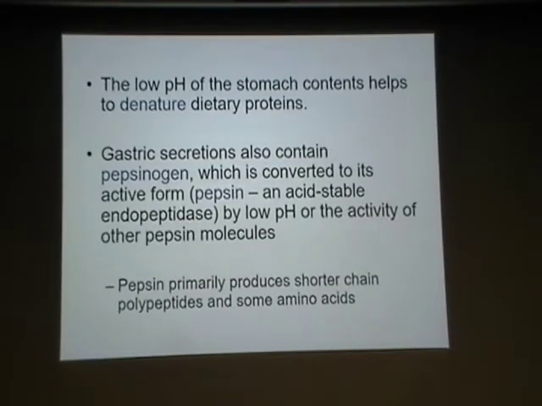So what's going to happen? Chew our food, break it into smaller pieces, and then it goes down through the esophagus into the stomach. We have low pH in the stomach, and that's going to help denature those proteins.